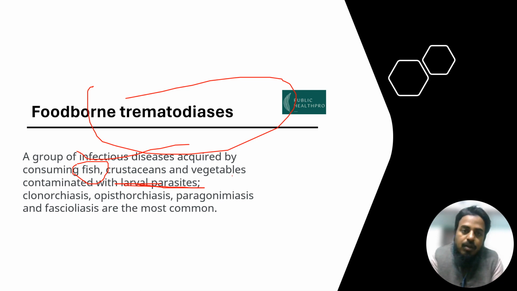So we can prevent this by thoroughly cooking fish and avoiding raw and uncooked foods. These can help us in prevention, and the same as before, promoting hygiene practice and community education will be common to all of these.